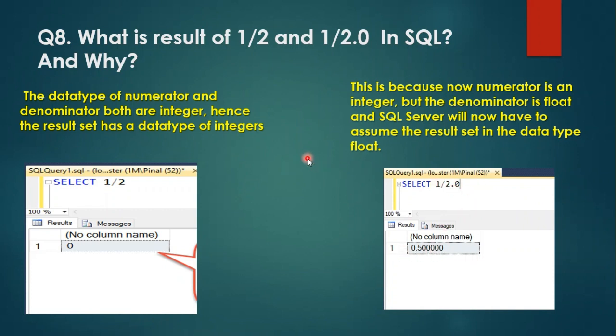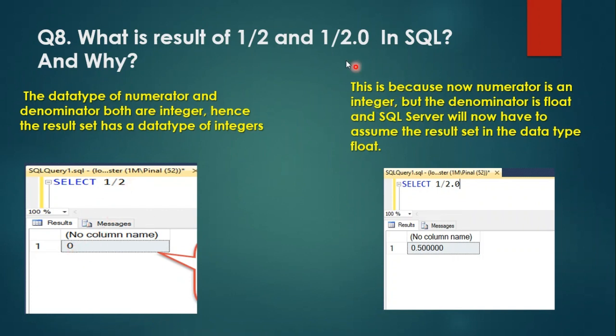So we need to explain how. The data type of the numerator and the denominator are both integer, which means the result is set to the integer data type. So if you divide 1 by 2, the result will be 0.